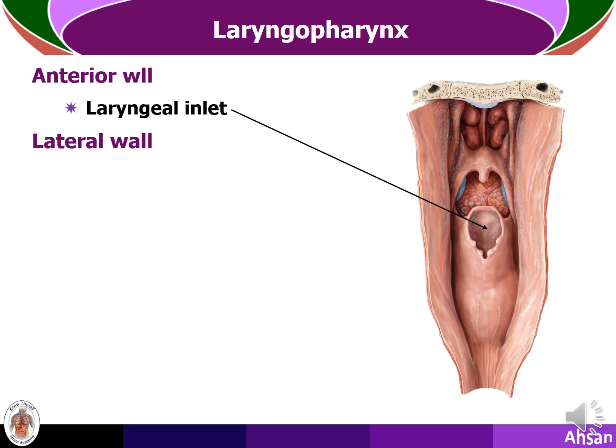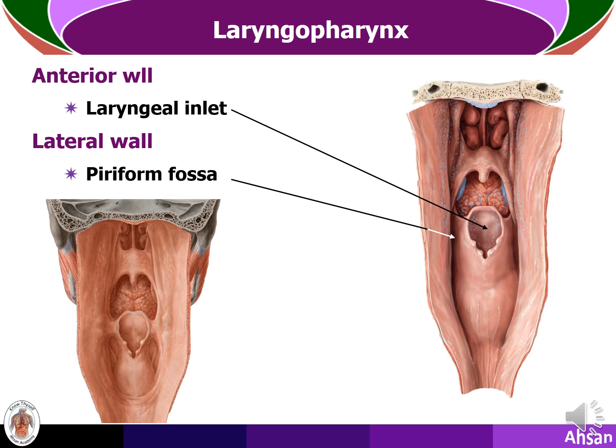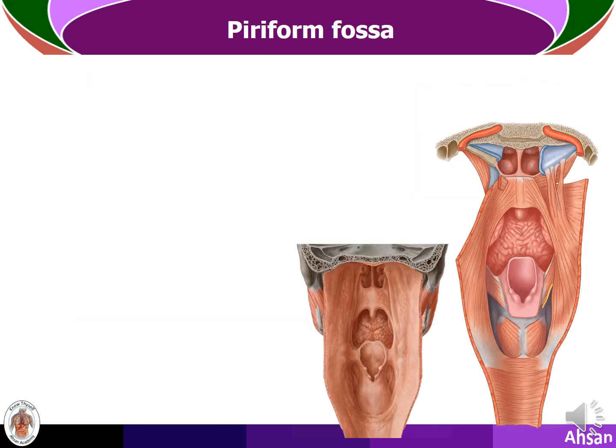Lateral to this opening are two important depressions. These are known as the piriform fossa. Clinically, these two fossae are very important. You can see the piriform fossa on either side of the laryngeal inlet.